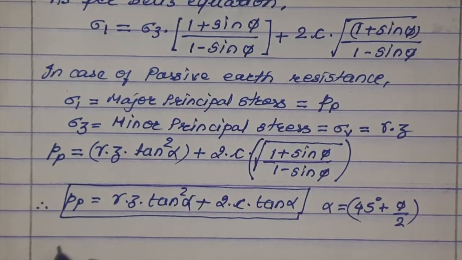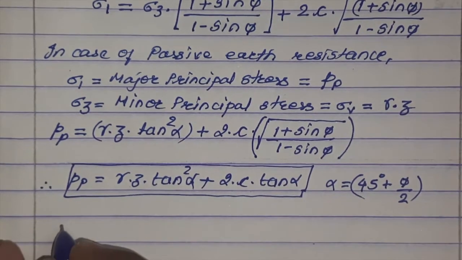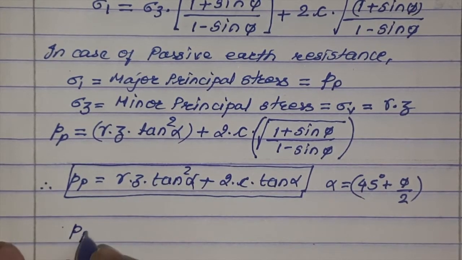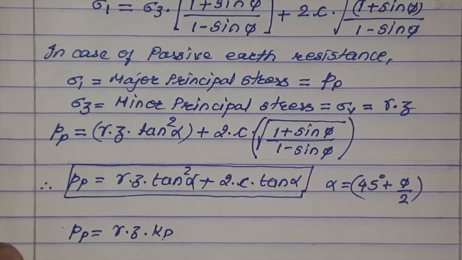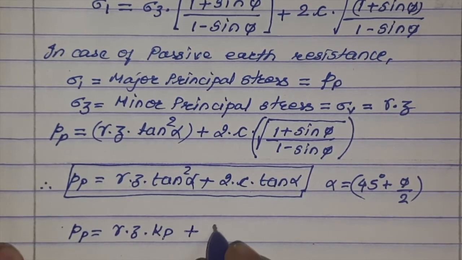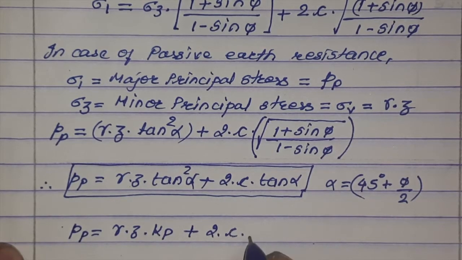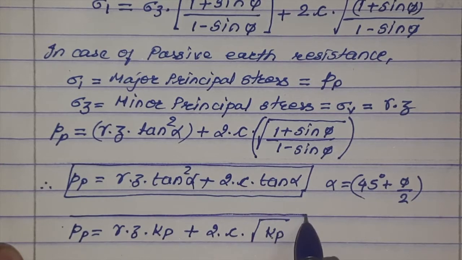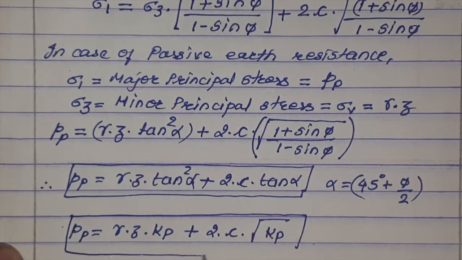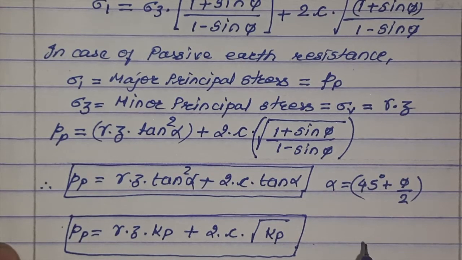Hence, this equation can further be written as small pp equal to gamma Z Kp plus 2C under root Kp. So this way also we can write down the equation for passive earth resistance for C-phi soil.